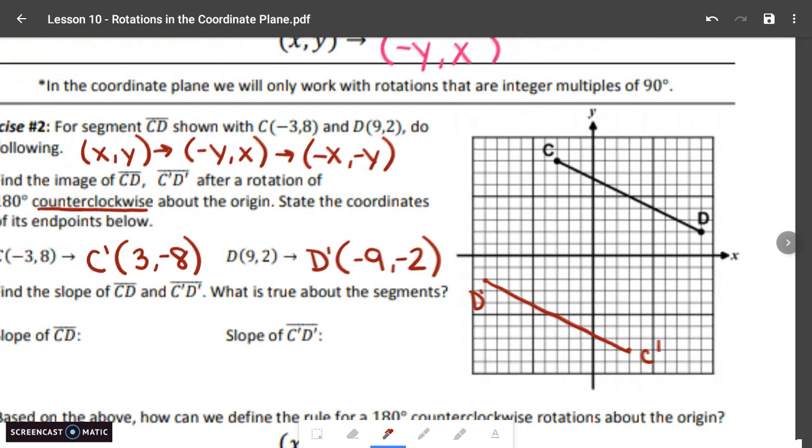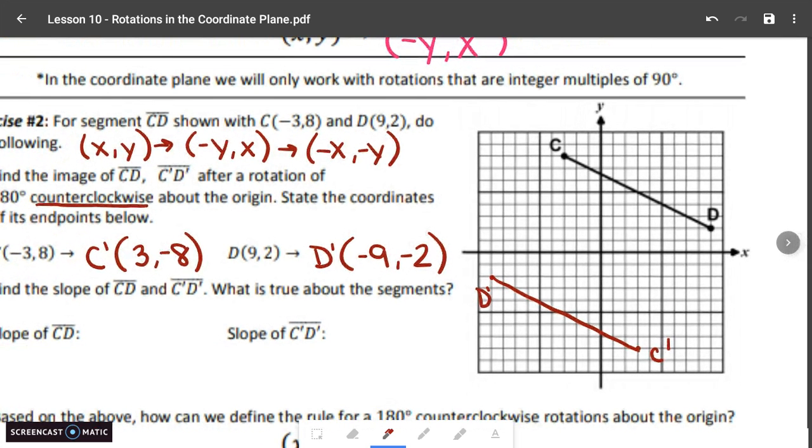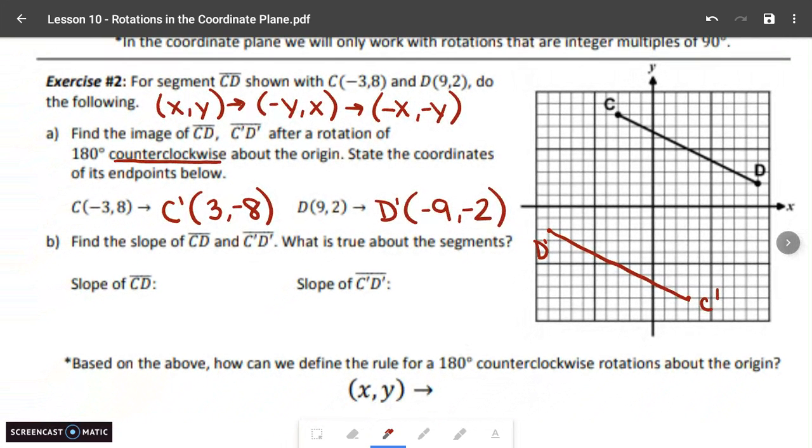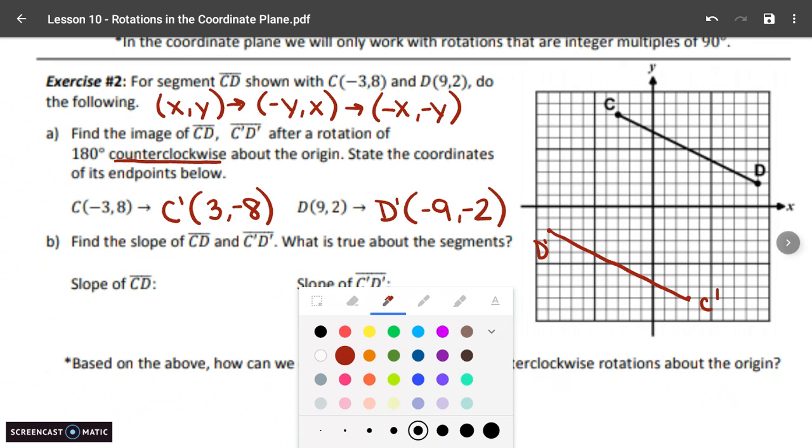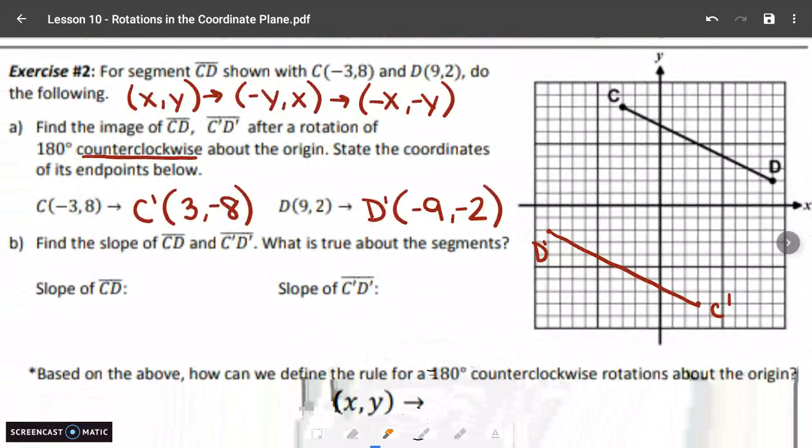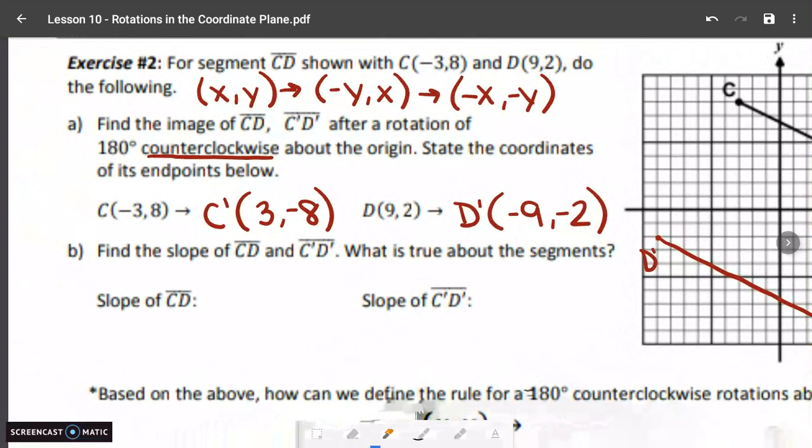Now notice a couple things. They're going to have the same length. We could use the distance formula again. We just saw that 90 degrees wouldn't change, 180 wouldn't either. But let's check out the slopes. So CD. I could do the slope formula. So maybe I will for the first one just to remind ourselves that the slope is the change in y over the change in x, otherwise known as y2 minus y1 over x2 minus x1.